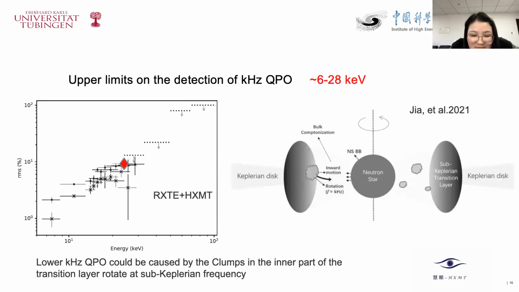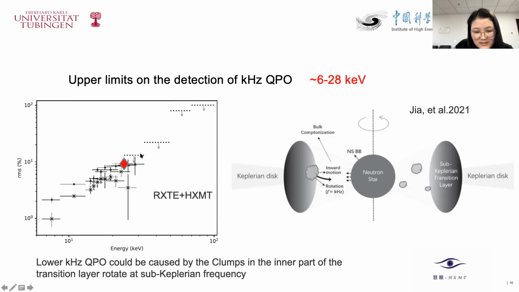For this question, when you look at the RMS spectrum, you will see the simulated RMS energy spectrum from HXMT data. When the energy is above 20 or 30 keV, you will see the RMS actually increases.